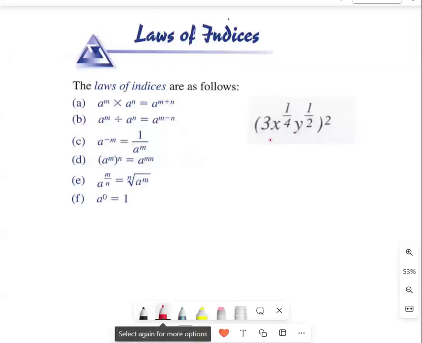Look at this one. We're going to make use of this one mostly, right? So 3 squared. You can do it differently, it's like 3 to the 1 power, even though you don't see it, right? So 3 to the 1 power squared, right?